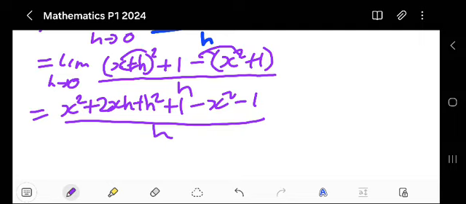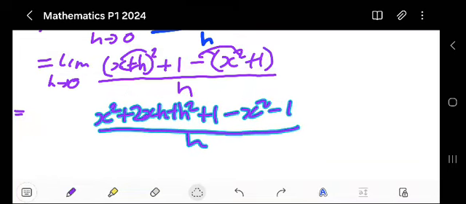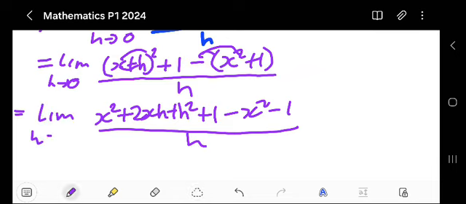Also this lim, you're supposed to continue it until the end, right? Sorry about that. You must continue with this lim thing, continue saying lim h approaches 0.